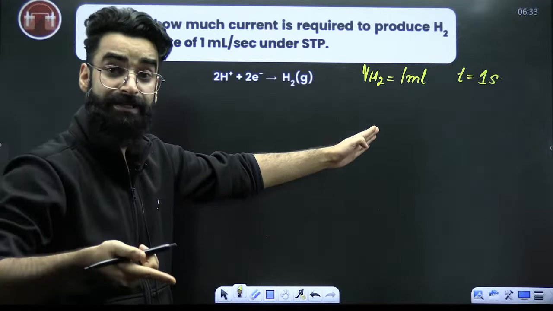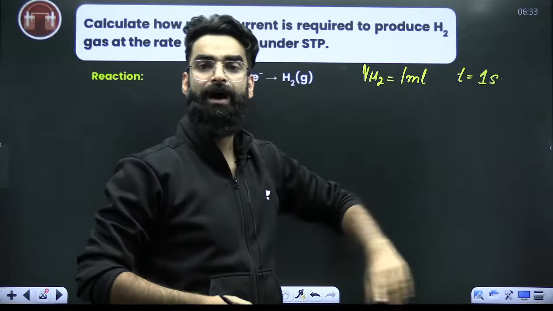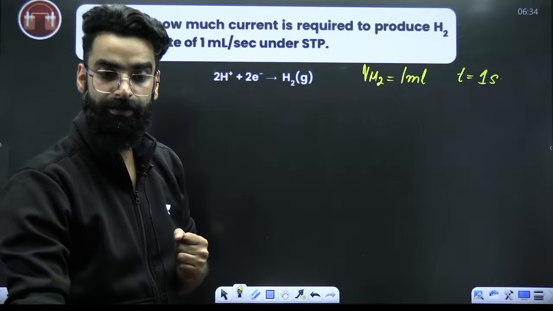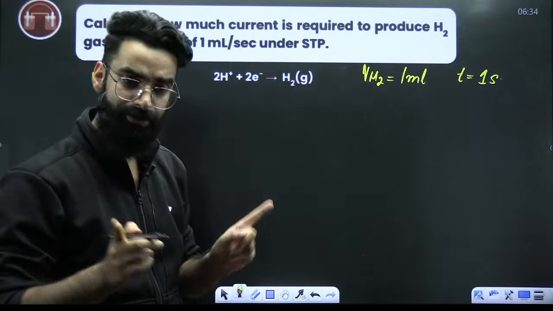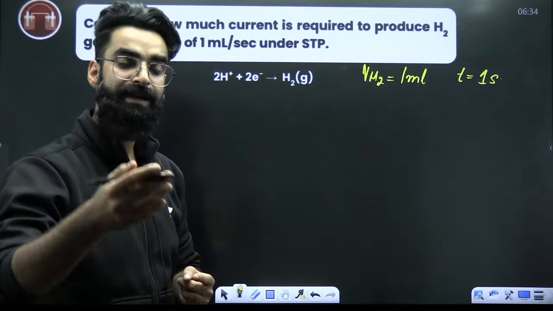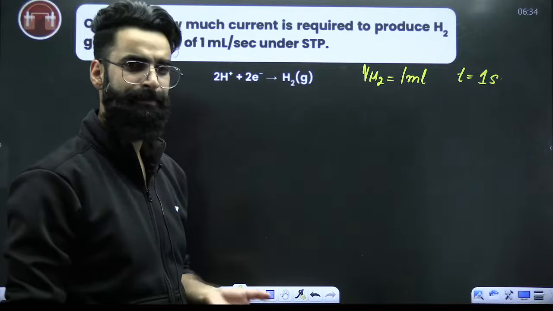In order to liberate 1 ml of H2 gas in 1 second, how much current should enter the solution? That's something which you're supposed to calculate. How much current should enter into the solution such that 1 ml of H2 gas is liberated in 1 second at STP? There are many ways of solving this question.